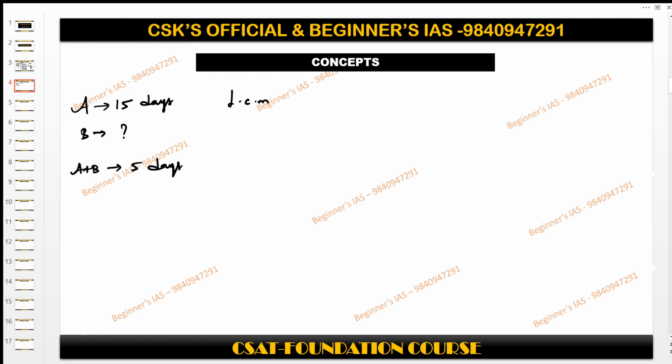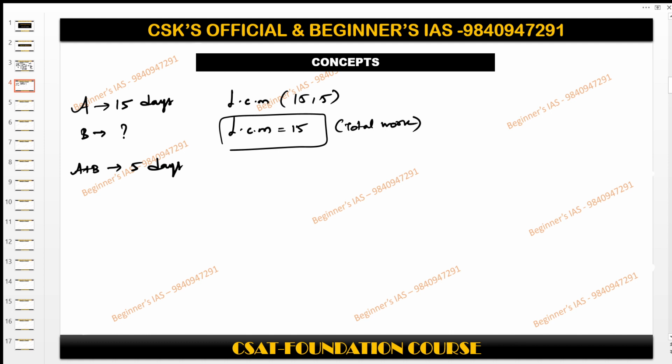So LCM of 15 and 5. What is the LCM? LCM is 15, right? You can take this 15, so that is nothing but the total work. After knowing this, you can find the per day work.